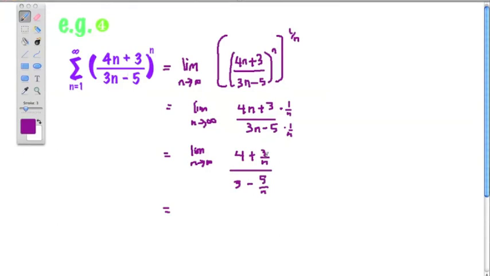And then if we insert the limit, we'll get 4 over 3. So 4 over 3 is greater than 1.